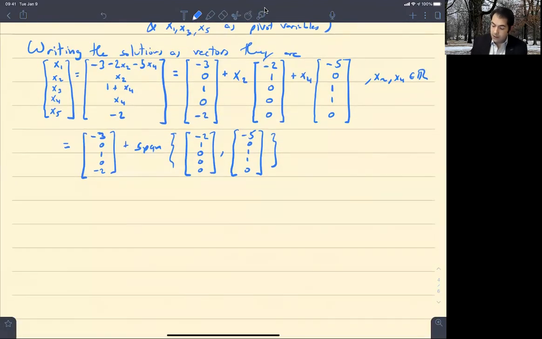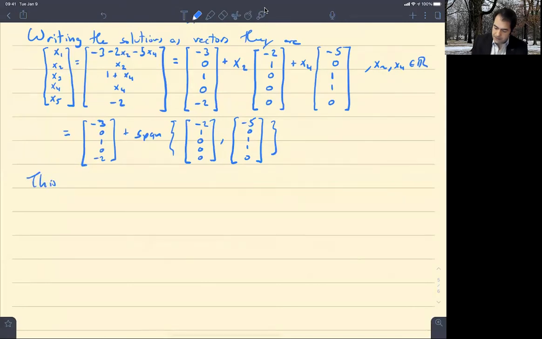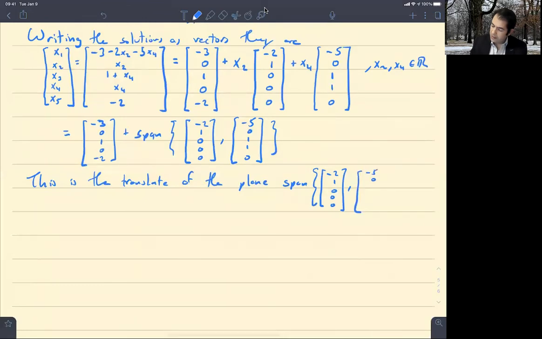Right? Or geometrically, this is the translate of the plane, this span of these two vectors is going to give us a plane in R5 through the point (-3, 0, 1, 0, -2).